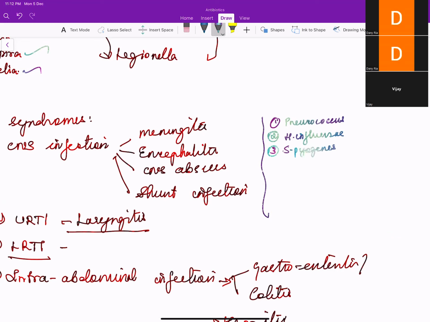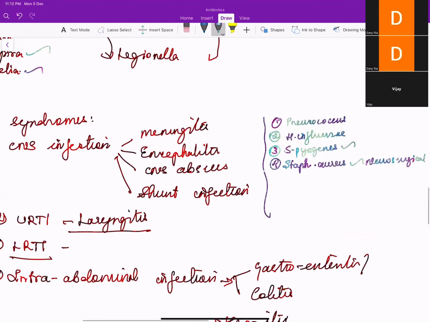Come in order. Gram positive: can Staphylococcus occur? Staphylococcus is very rare. It can occur in case of neurosurgical meningitis, if there is a shunt infection. Then comes Streptococcus, you told it can occur. Next comes pneumococcus, you told it can occur.